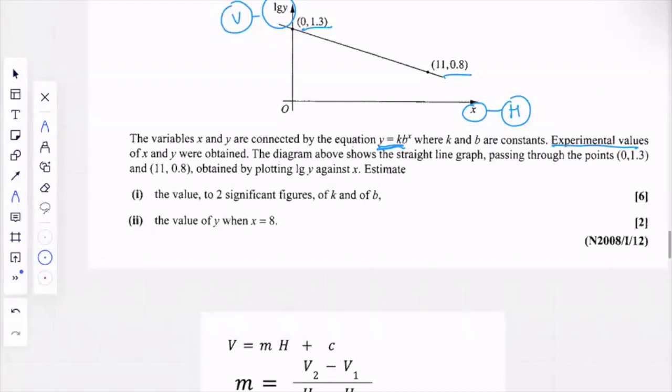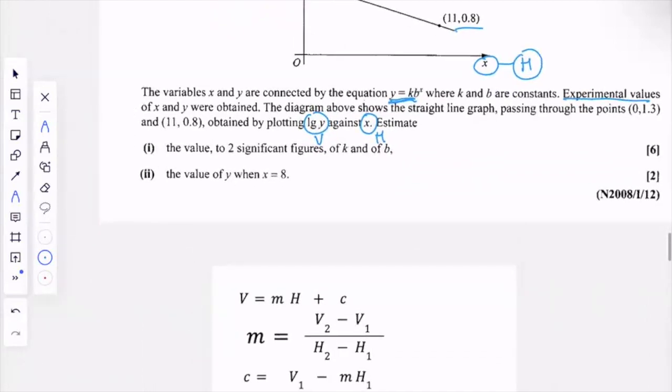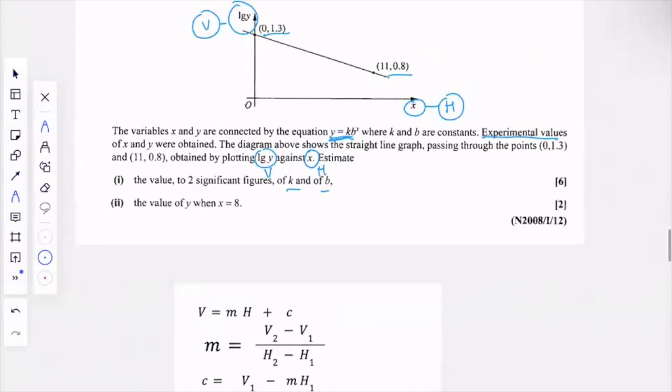When they mention log y against x, it means log y, the one mentioned first, is the vertical axis, and the one mentioned later is h, the horizontal axis. They ask you to estimate the value of k and b using two significant figures.